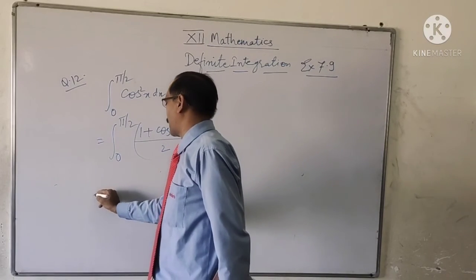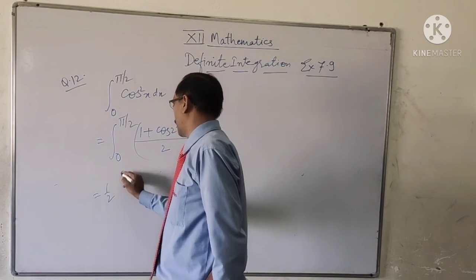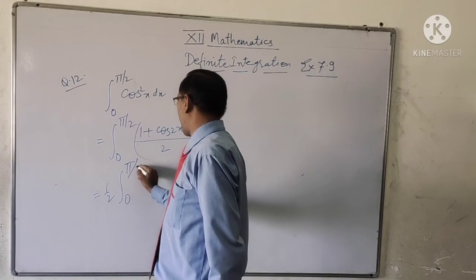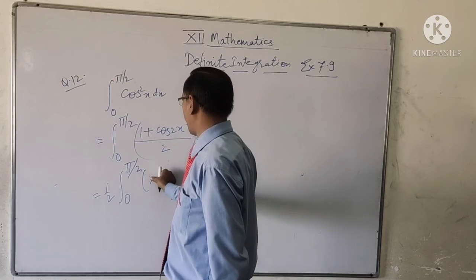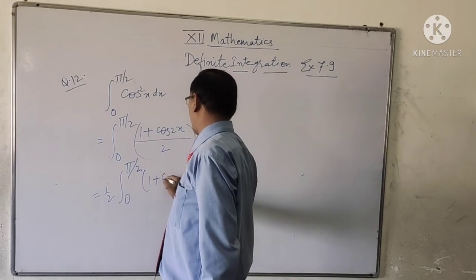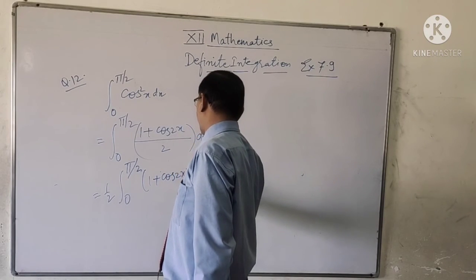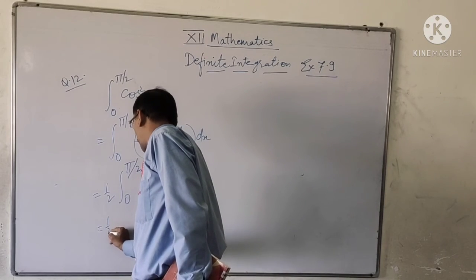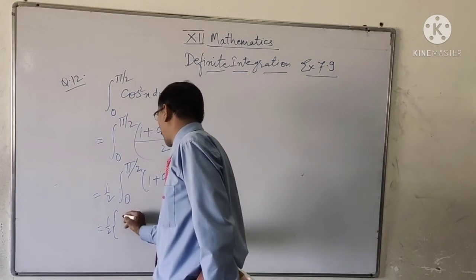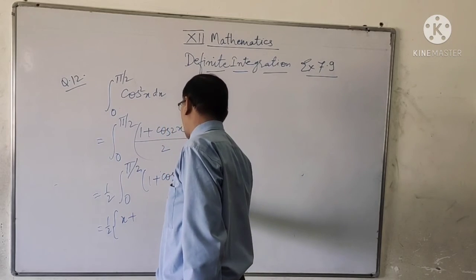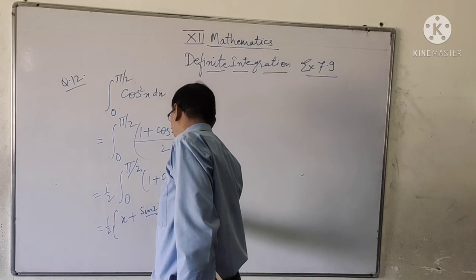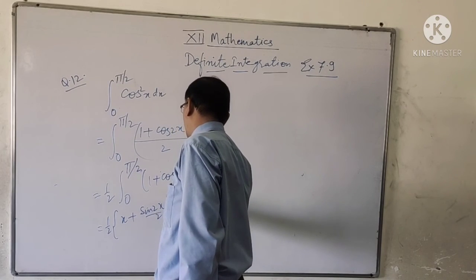Then take 1 by 2 common out, from 0 to pi by 2, 1 plus cos 2x dx. Then integrate it. It is 1 upon 2, integration of 1 is x, integration of cos 2x is sin 2x upon 2. Then introduce the limit 0 to pi by 2.